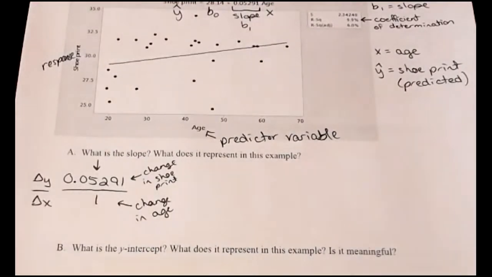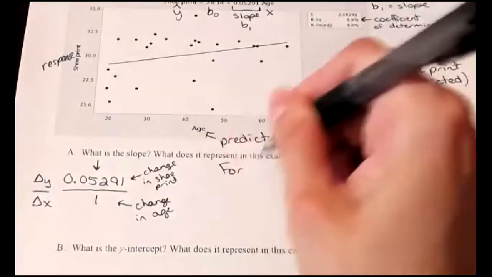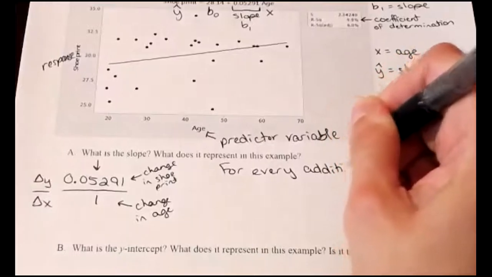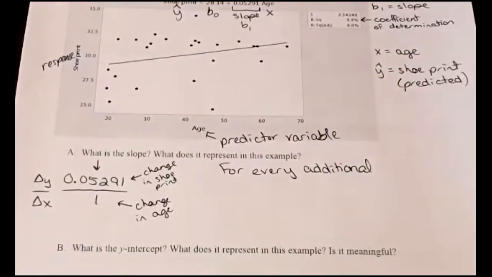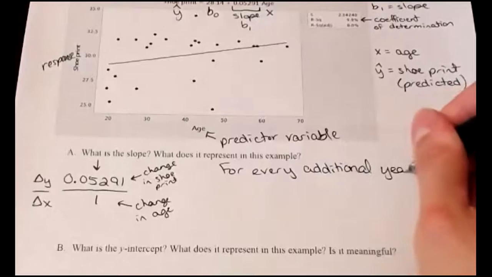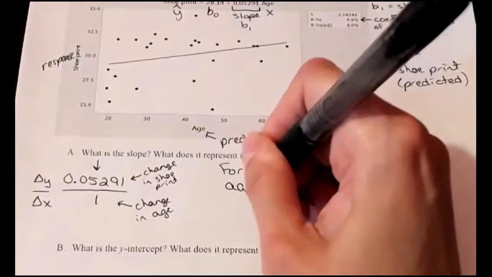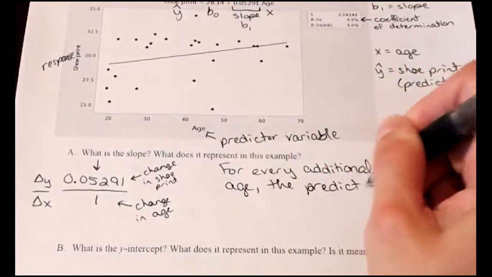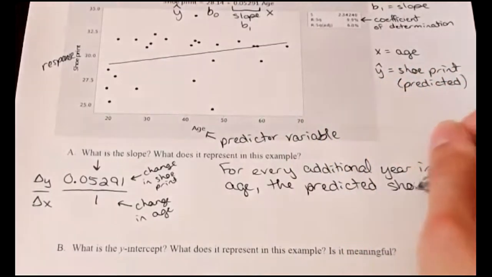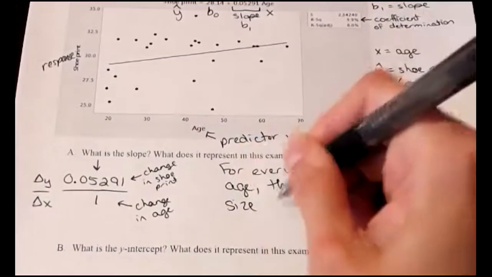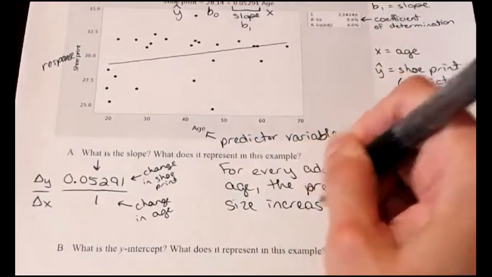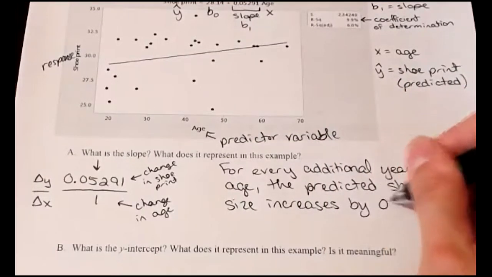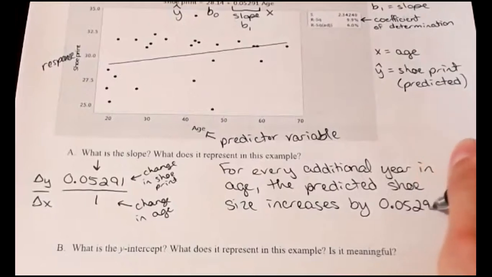So according to our slope, it says for every additional year in age, the predicted shoe size increases, and this is where we include the value, it increases by 0.05291.